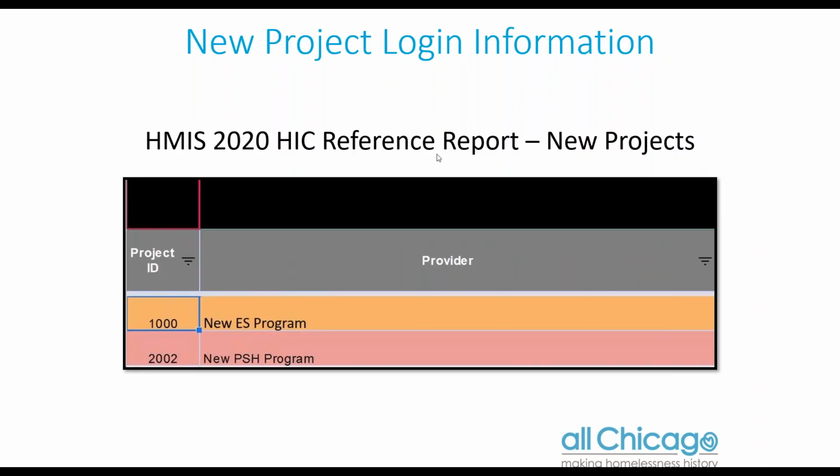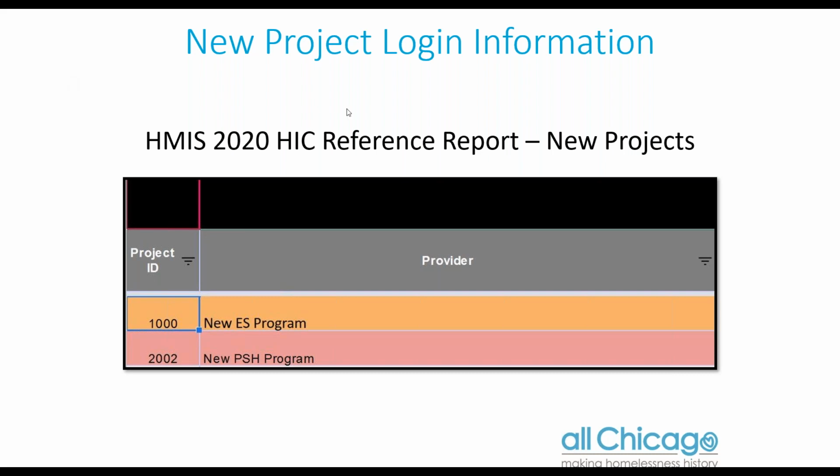There may be projects that are not listed on the actual reference report by error, or it might be a new project in general. We have in the past used what we refer to as dummy logins. They are generic program or provider IDs and names and HMIS ID numbers.